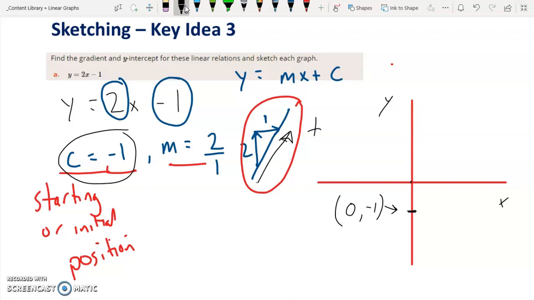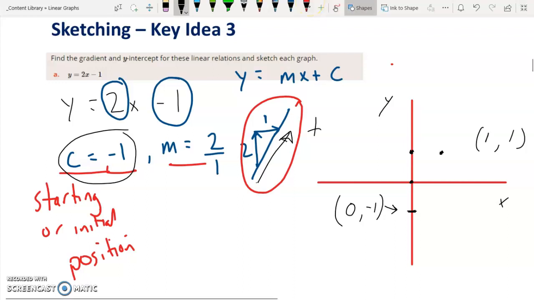So as long as we keep the same scale, 0, 1, 2, we've gone up 2, and we're going to go across 1. So this point here, from minus 1 up to a y value of 1, and our x value has now gone from 0 across by 1, so 1. So that point there is 1, 1.